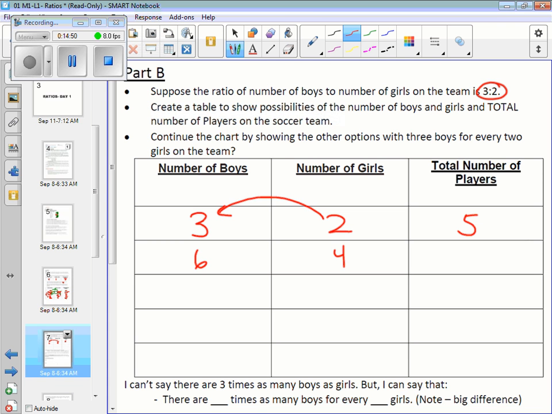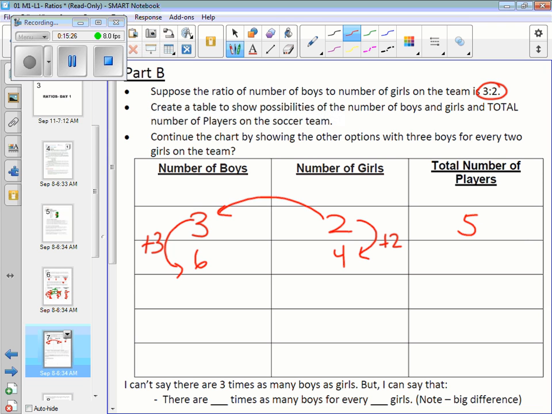Let's see if it works using the additive method. What am I adding by? 3 to 6. What am I adding by? 3. Plus 3. To get from 2 to 4, what am I adding by? 2. That will work. Or multiplying by how much? Multiplying by 2.